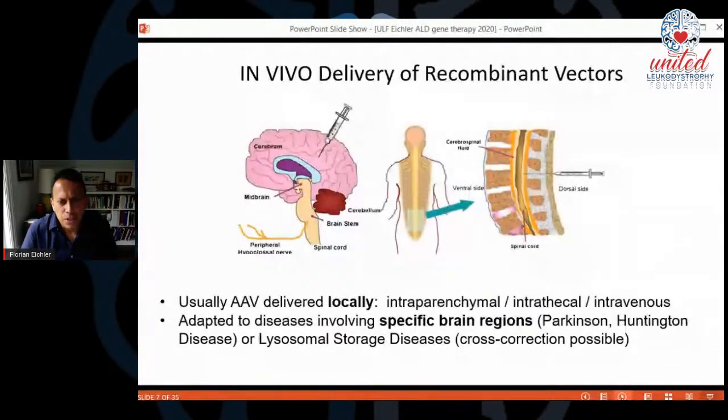Many diseases in the neurological space have benefited from an understanding of the different brain regions vulnerable, such as Parkinson's or Huntington's disease, and also from the many years of efforts in lysosomal storage diseases where we know cross-correction is possible.